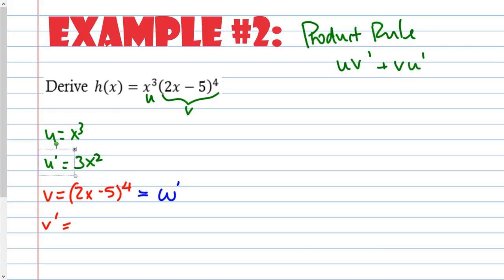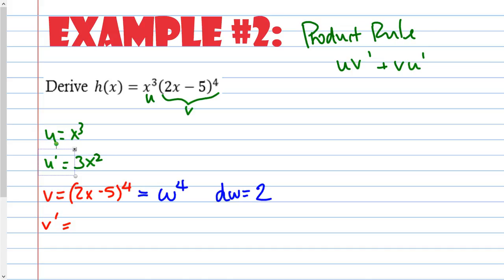And then w to the 4th will be my outer function. From the previous examples, I know that I'm going to need the derivative of this inner function, and we're going to call it dw. So dw is the derivative of w. W is 2x minus 5. So derive that, and it's just 2.